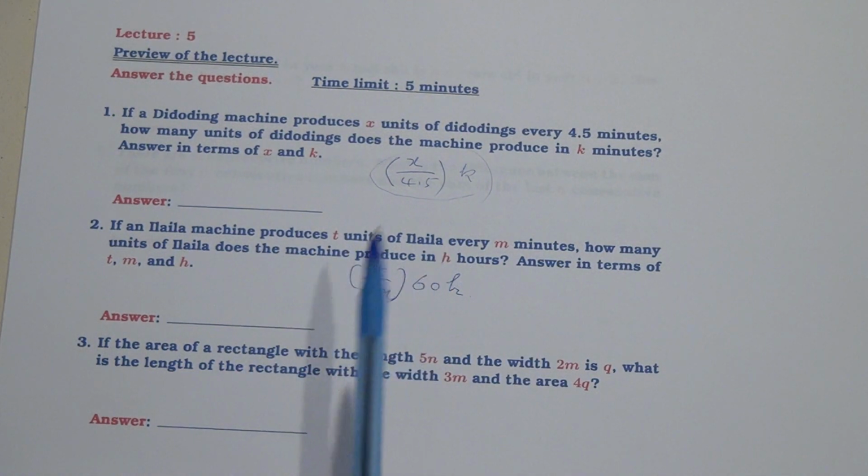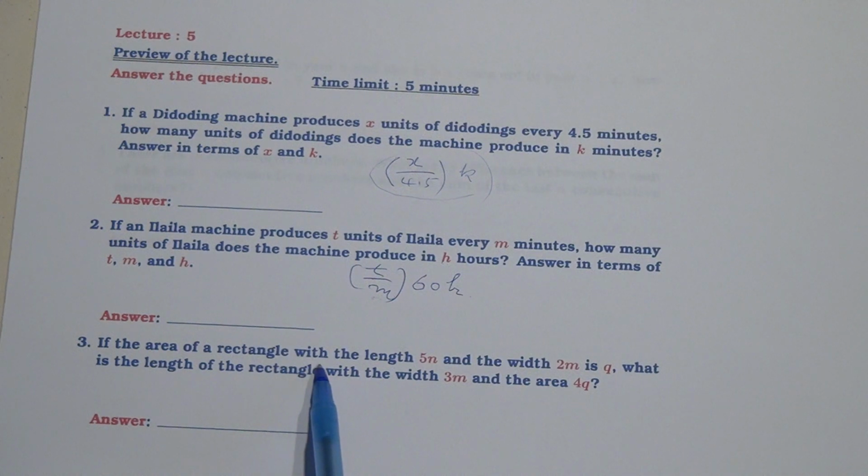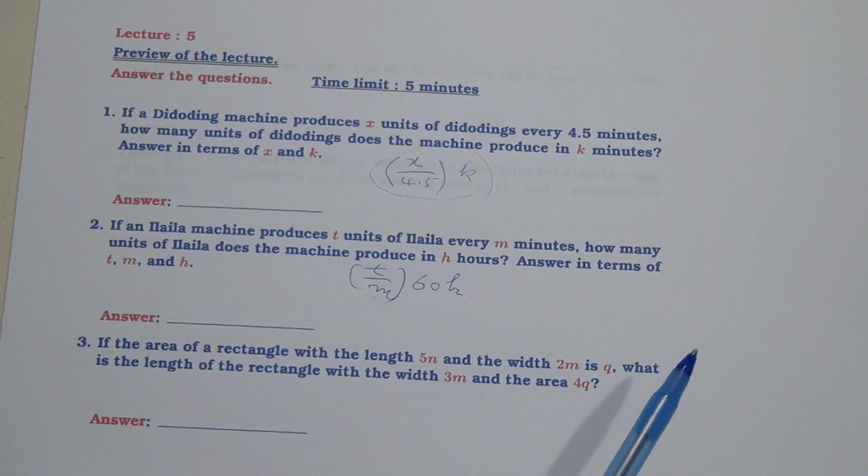Now, number 3. If the area of a rectangle with length 5n and width 2m is q, what is the length of a rectangle with width 3m and area 4q? They just give you a simple concept, but they are defined by different letters.